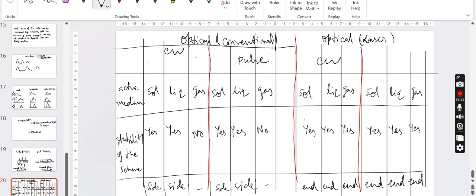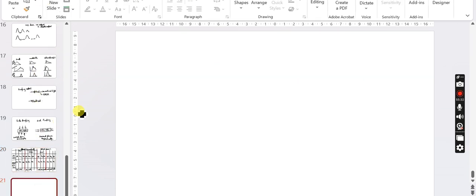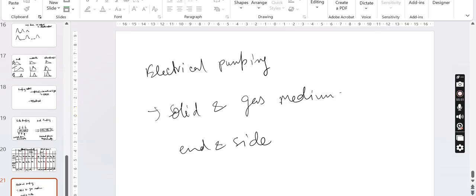For electrical pumping also, basically solid and gas medium is being used, and both end and side schemes are appropriate.